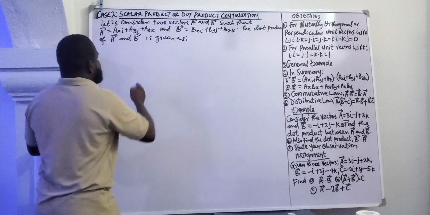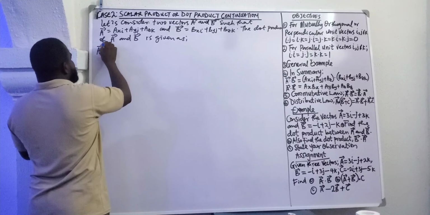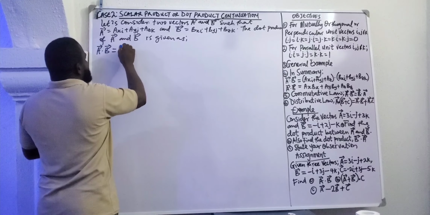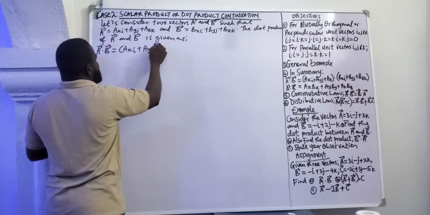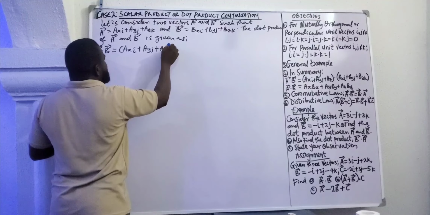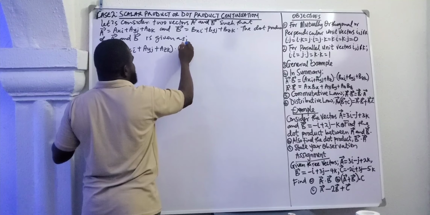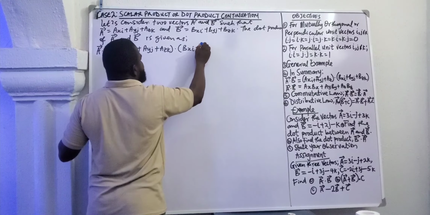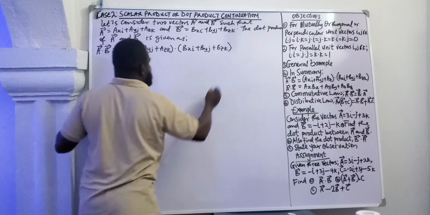observe what I want to do now. So A dot B is equal to, I take the AXI plus AYJ plus AZK dot, that is multiplying the other vector B, giving us BXI plus BYJ plus BZK.